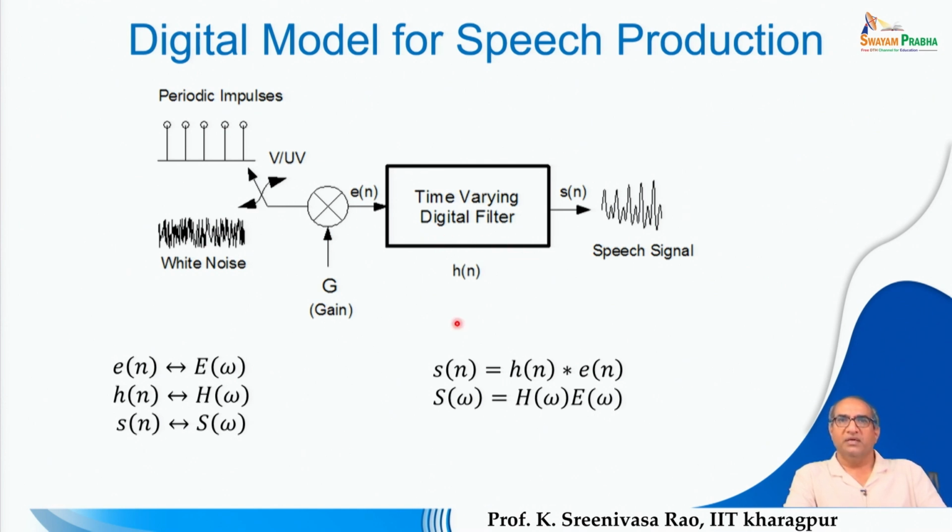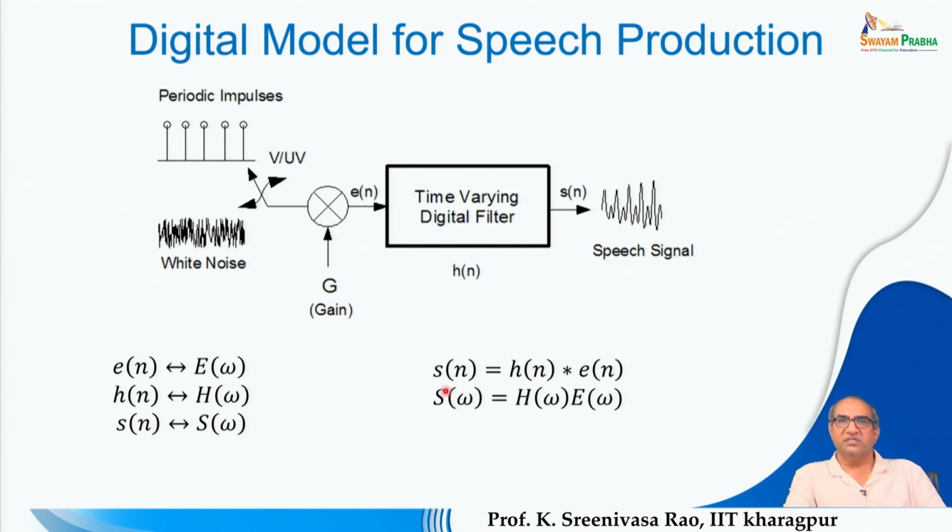while modeling the speech production system as a linear time invariant system. In the time domain, the speech signal can be viewed as a convolution of the excitation with the response of the vocal tract system. Whatever the excitation is, the response of the vocal tract system is superimposed on it, and the resultant is your speech signal.